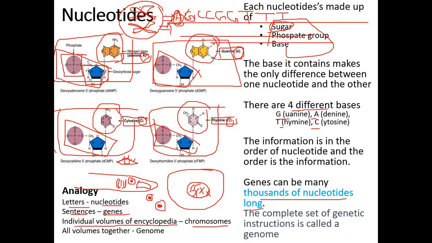All the volumes, all the nucleotides with all the genes in your cells build up this genome. So what's a genome? The genome contains all the genes required for an organism, not only for humans, but maybe for other organisms. It contains all the genes. So that is the analogy.